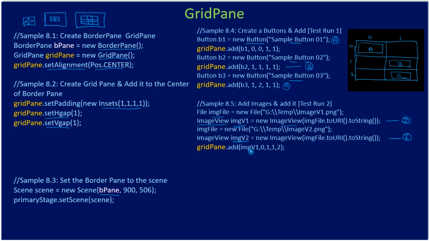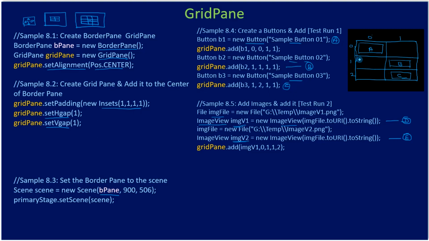Next, gridPane.add image v1, that means D we are adding, to the location column index 0, this is column index 0, then row index 1, this is the row index 1, so this is the location. Next, column span 1, of course we cannot put a column span of 2, because there is already one control here.